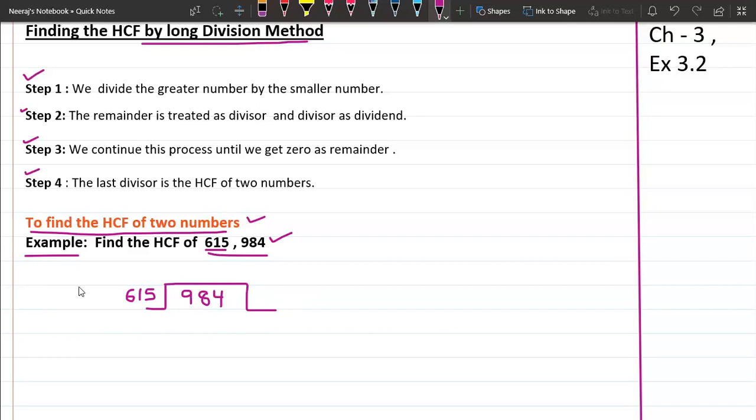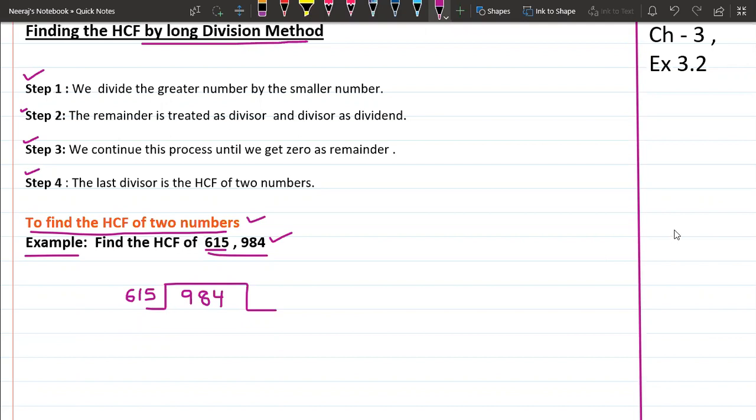To divide these two numbers, firstly we will check in rough whether it goes 1, 2, 3 or 4 times. So we have to divide 615 by that number which gives a product closer to 984 or equal to 984.